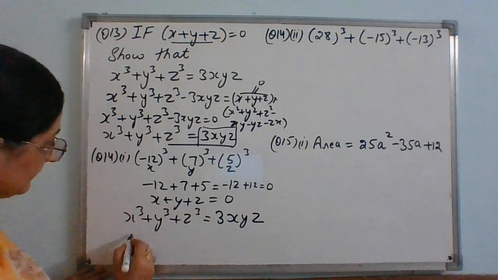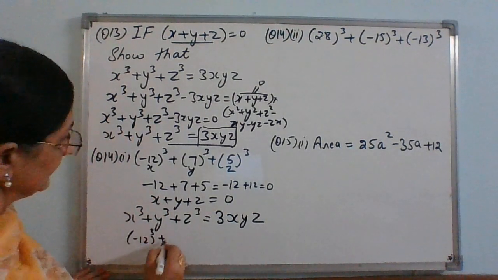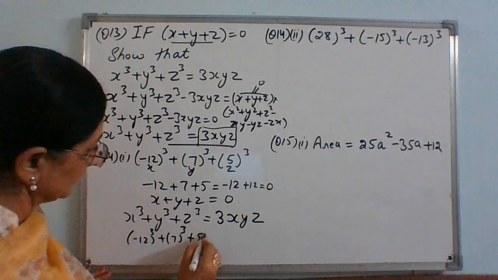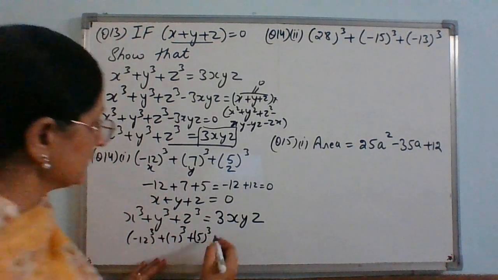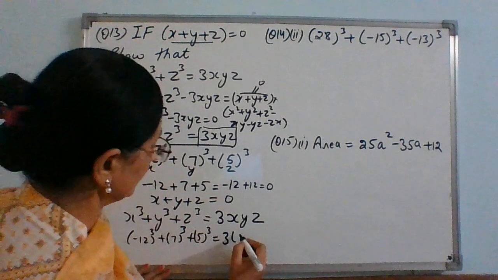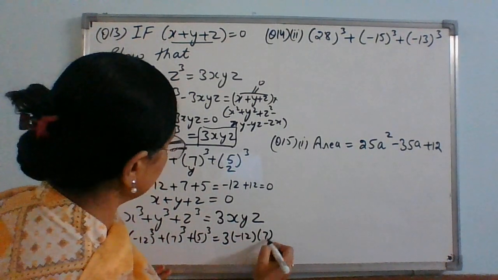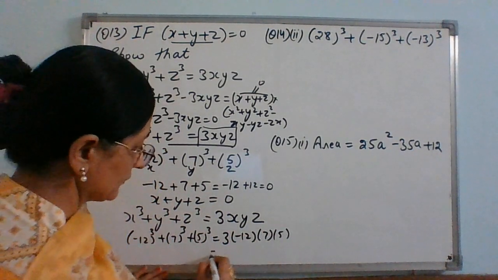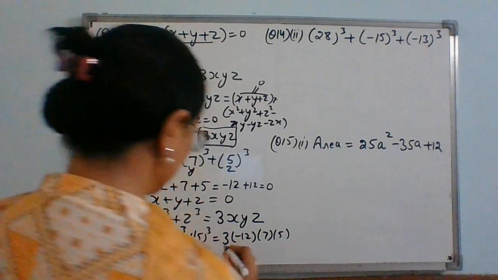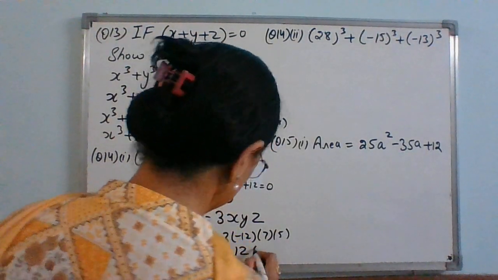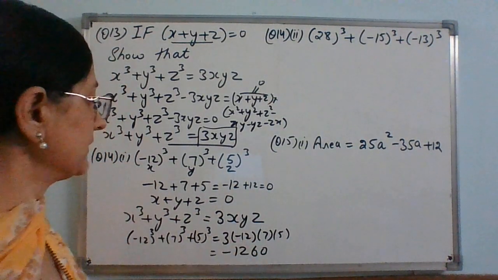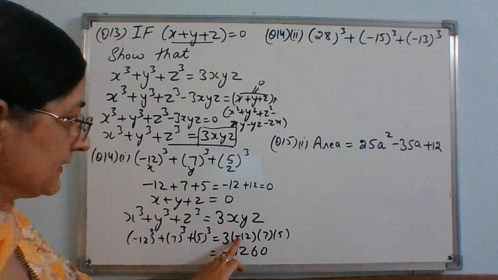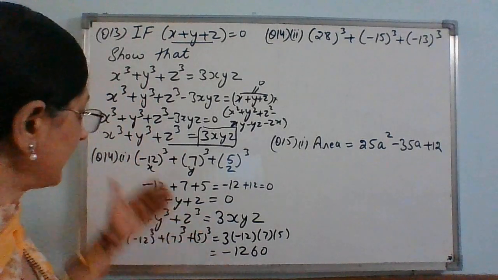Means if you have to find the value of minus 12 cube, 7 cube and 5 cube, these are the values of x, y and z. So you'll get the answer by just substituting the values minus 12, 7, 5 in 3xyz. When you multiply the whole, you will get the answer minus 1260. 7 times 5 is 35, then 12 times 3 is 36... 35 times 36 is 1260, and a single negative sign is there. So this is the answer.